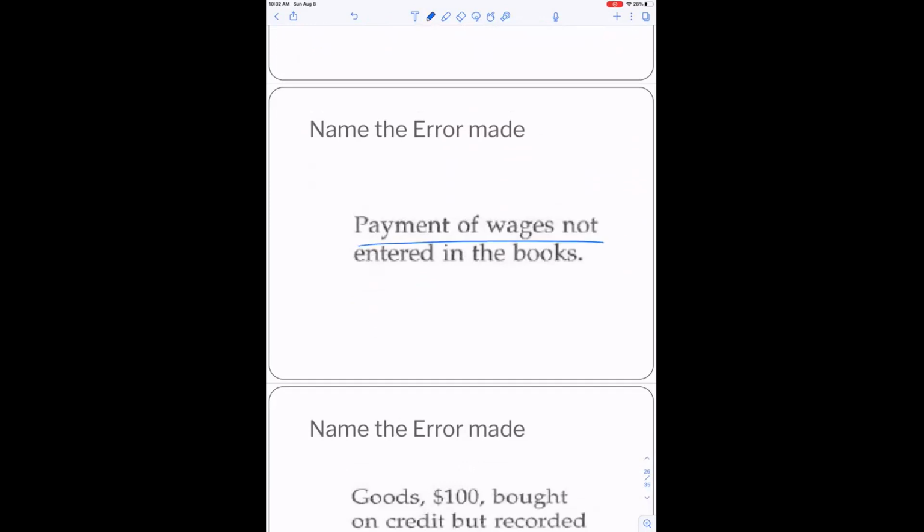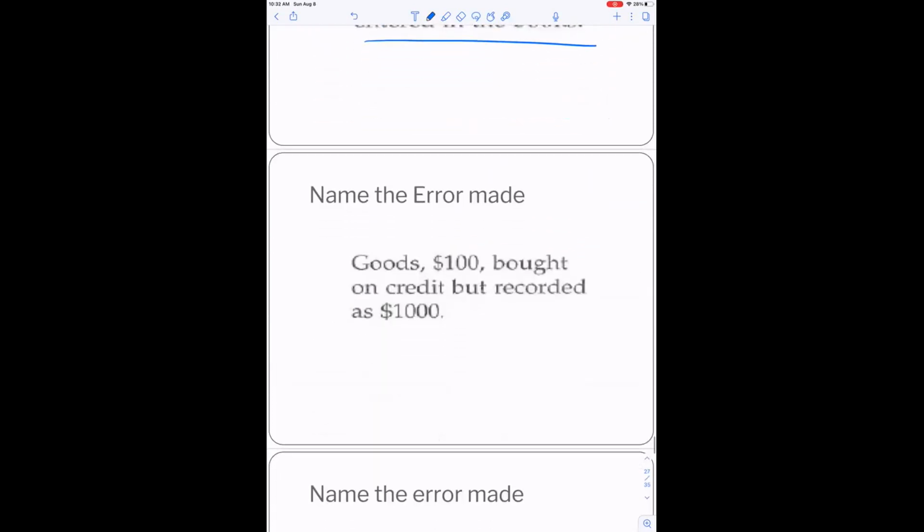Payment of wages not entered in the books. Forgot to record. Error of omission. Goods of 100 purchased on credit recorded as 1,000. Wrong amount. What error? Error of original entry.